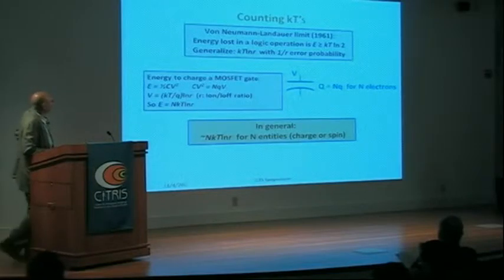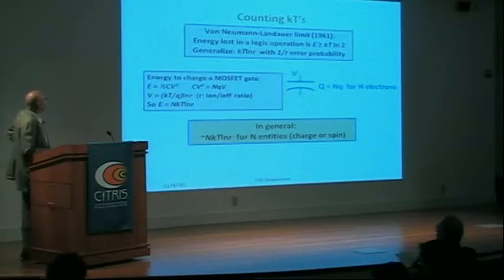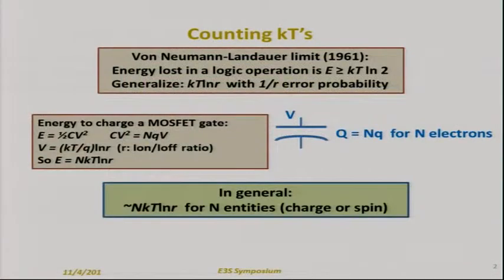Now, where do we stand today in our existing MOSFET switches? Well, the way we switch a MOSFET is to charge up the capacitance of the gate. That takes an energy of half CV squared. There are n electrons. Electrons come in quantized packages. There are n of them with charge Q on the capacitor, charged up to voltage V to get that CV squared.